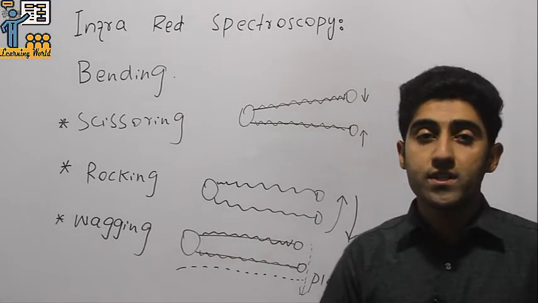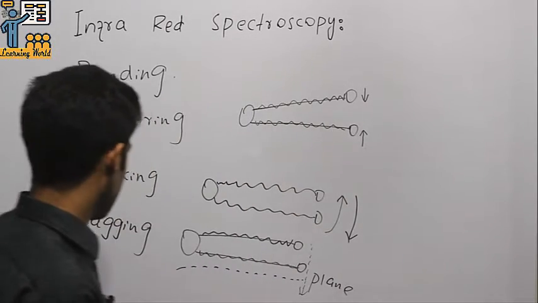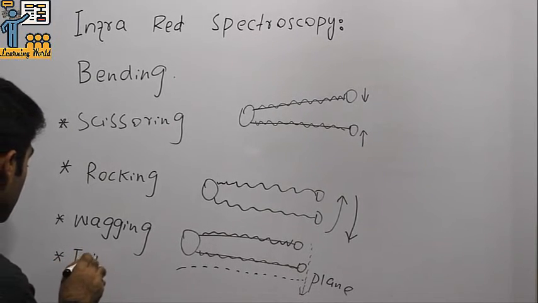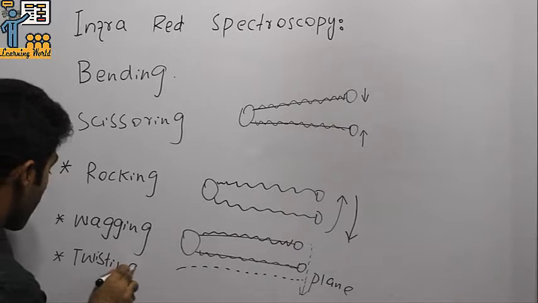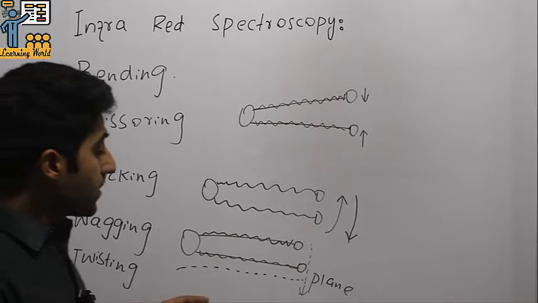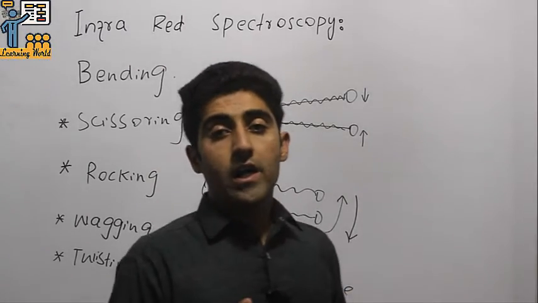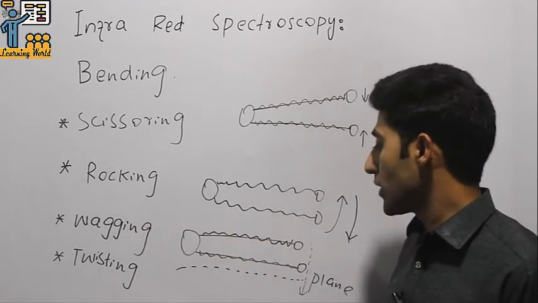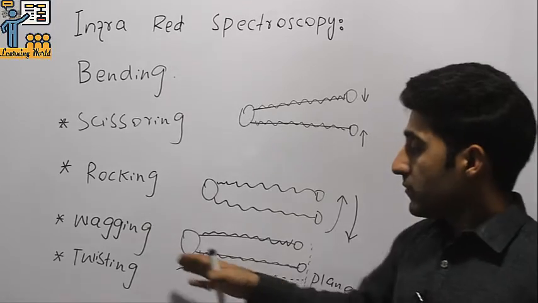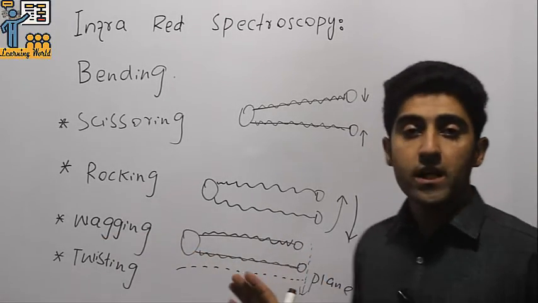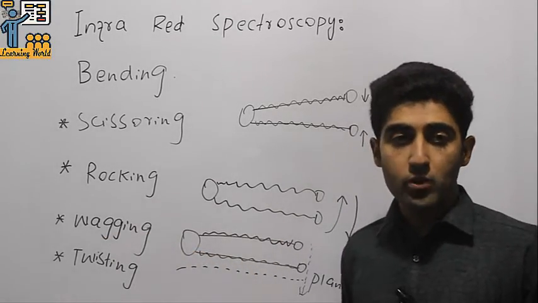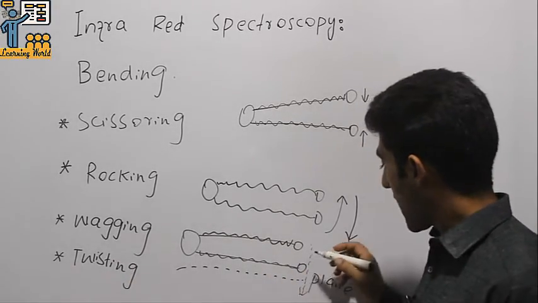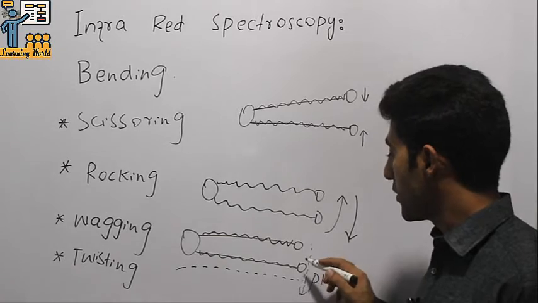Fourth one is twisting. In twisting, one of the atoms moves above the plane and the other moves below the plane. Here in wagging, both of the atoms move above the plane or below the plane, but in twisting, one of the atoms is above the plane and the other is below the plane.